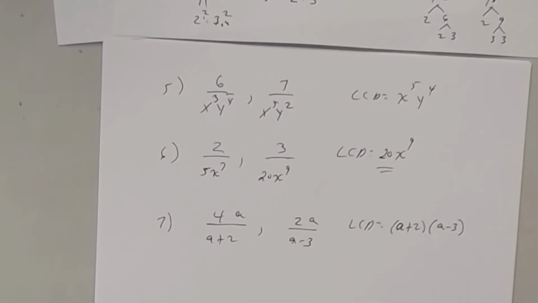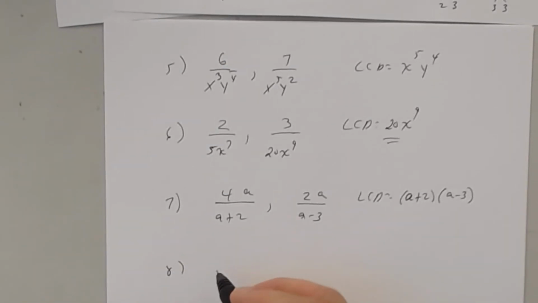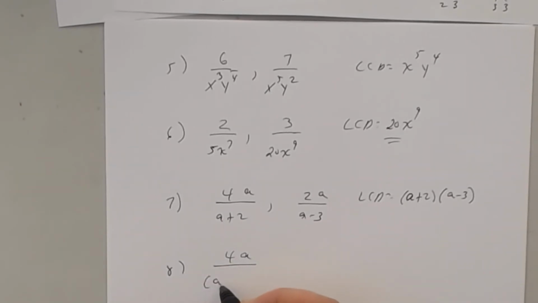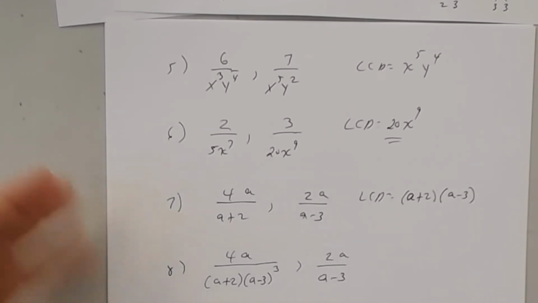So there's your LCD. Compare that one with number 8. Let's suppose in number 8, I had 4a divided by a plus 2 times a minus 3 cubed, comma, 2a divided by a minus 3. It's almost the same expressions except I added in some extra factors.